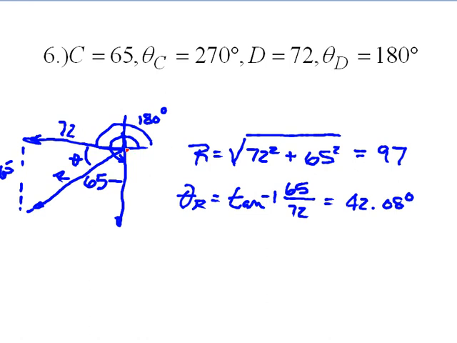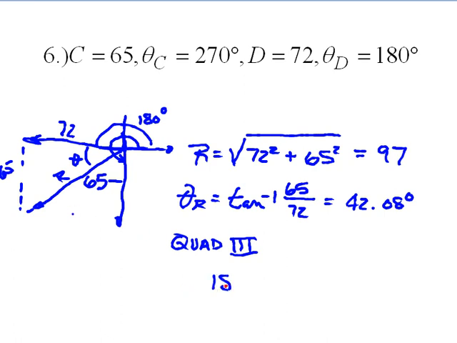Now that's this angle here. Our actual angle from our 0, 0 point, we have to add 180. So we'll put down that it's in quad 3. This is quad 3.